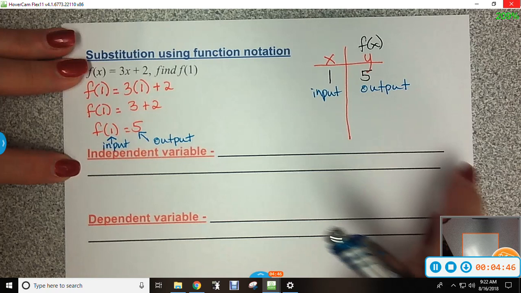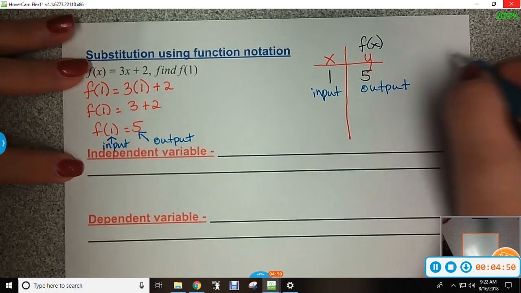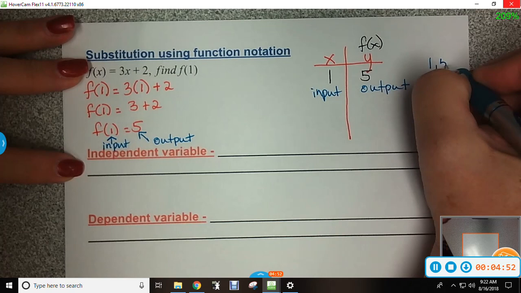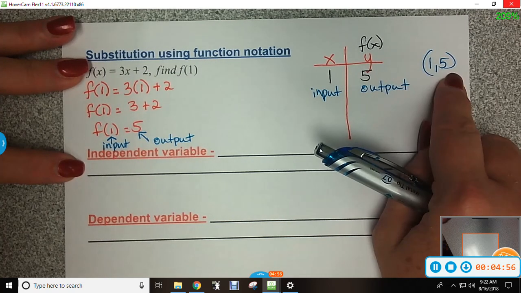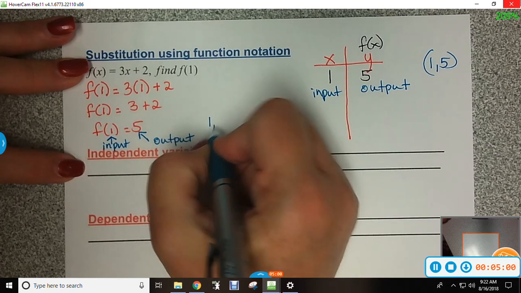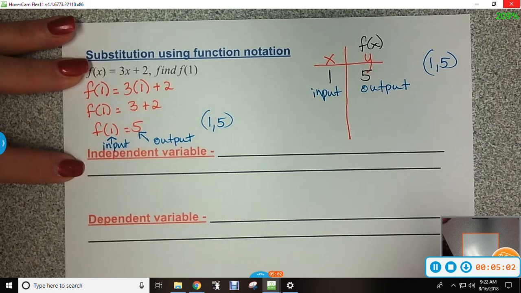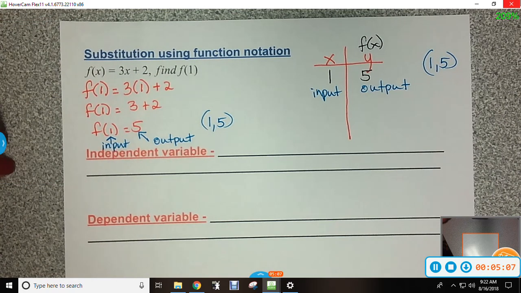The other thing I need you to realize for this problem is that that represents an ordered pair. That is the ordered pair 1, 5. Input, comma, output. Over here, the same thing. This is an ordered pair, input, comma, output. Okay, it's different representations of the same thing.